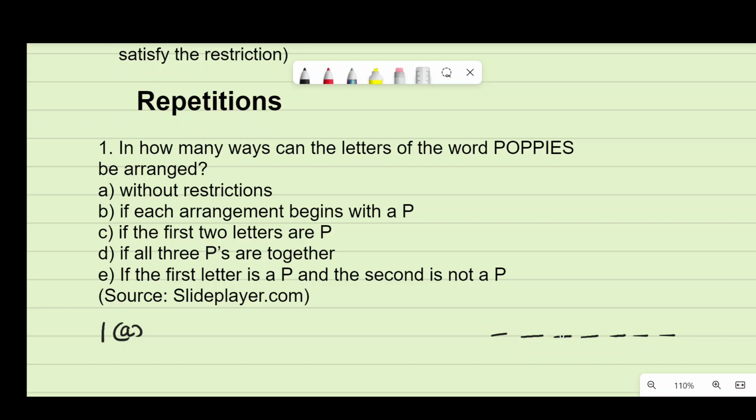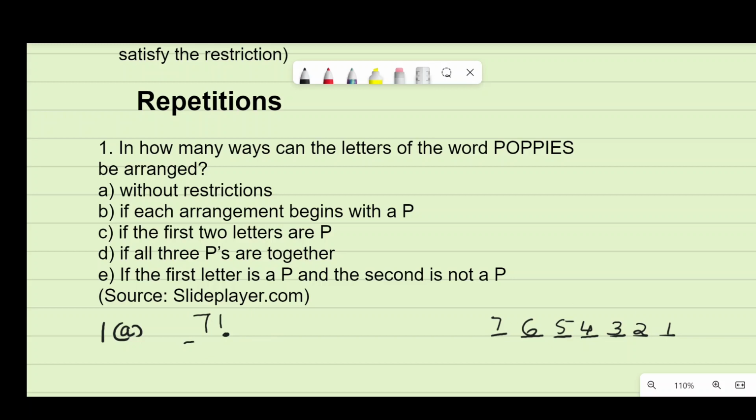That's what we always check in counting principle. The first position can be filled in 7 different ways because there are 7 letters available. So it's 7, now 6, 5, 4, 3, 2, 1, which is 7 factorial.